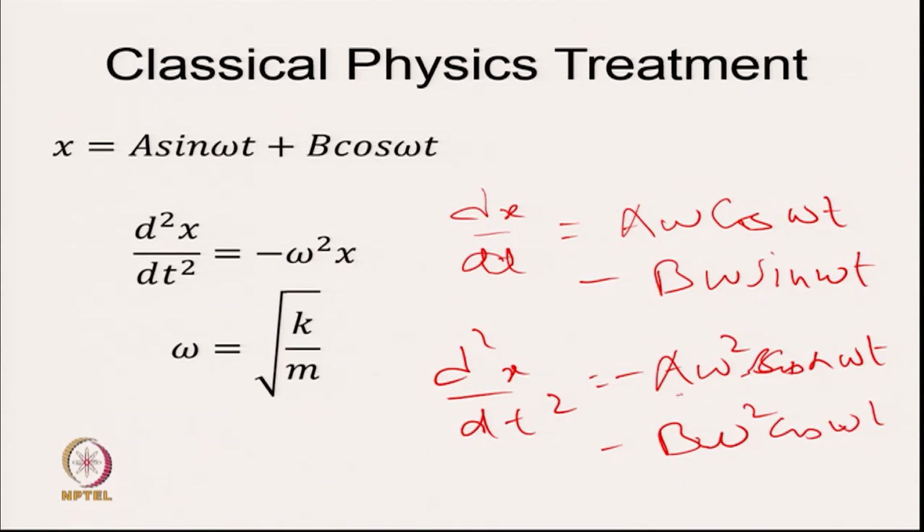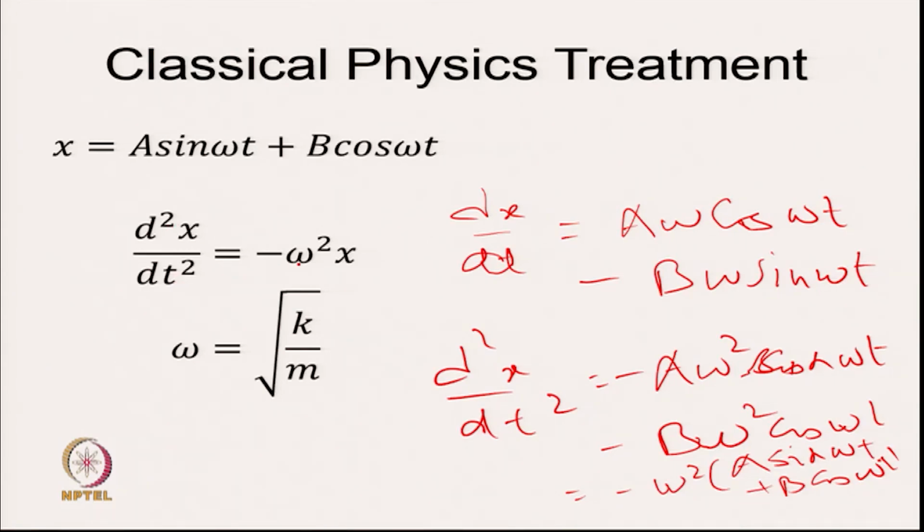So, you can see that it is basically simply minus omega square into a sin omega t plus b cos omega t, and this is nothing but x. So, you have d2x by dt square is equal to minus omega square x.